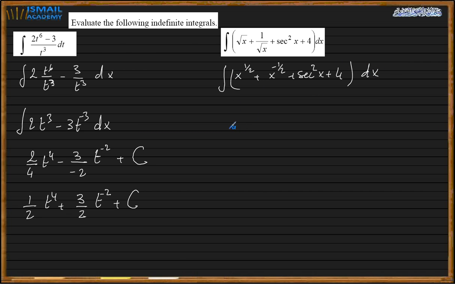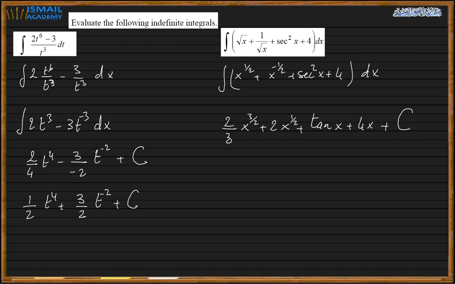Adding 1 to the exponent, it's going to be 3/2, so it's 2/3 x to the 3/2 plus, minus half plus 1 is half, divided by half, so it's just 2x to the half. The antiderivative of secant squared is tangent, so you should know that. And here we have 4x, and don't forget the c.